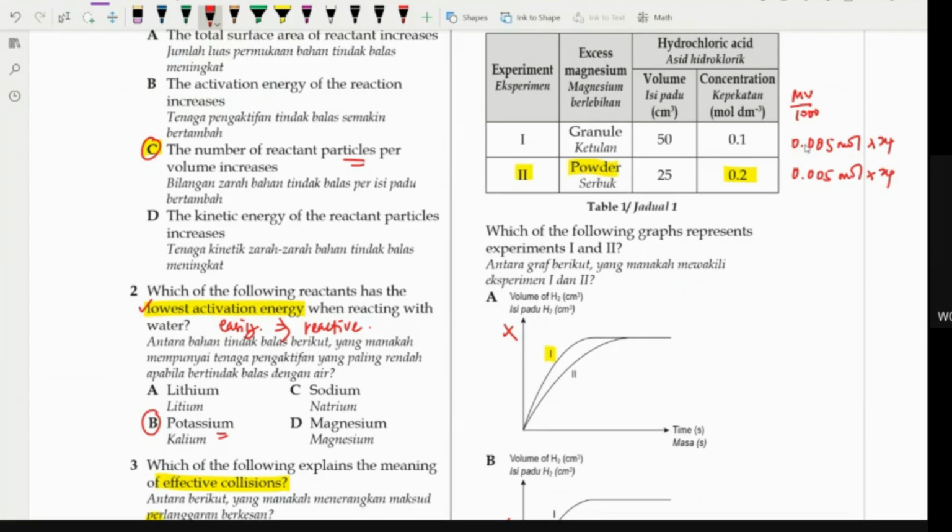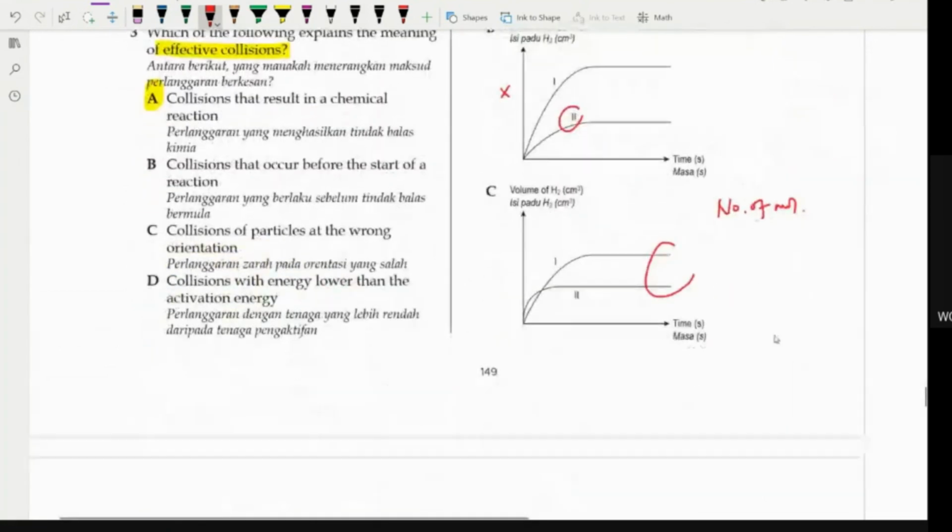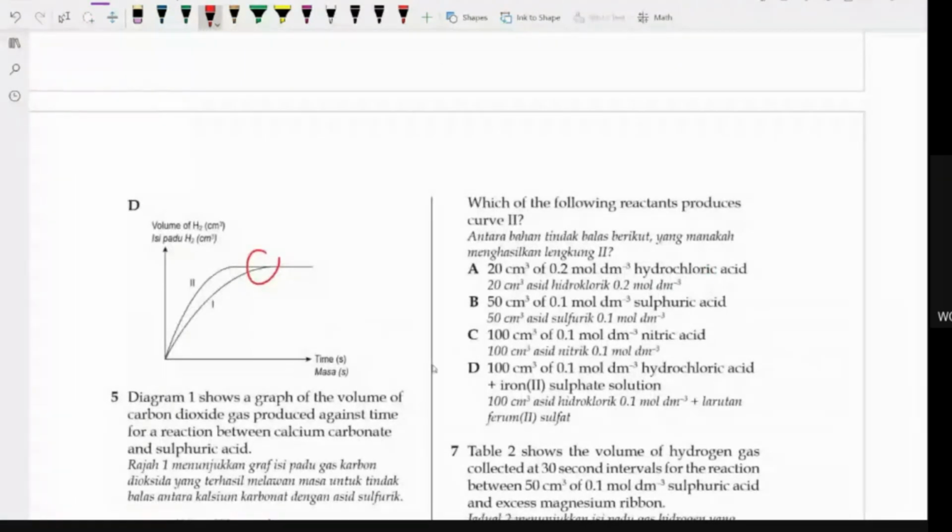So the volume of hydrogen gas released is the same, because the number of moles is the same. This one is wrong because the volume is different. This one the volume is the same. So the answer should be D, because the number of moles is the same, and mole times molar volume gives you the volume.